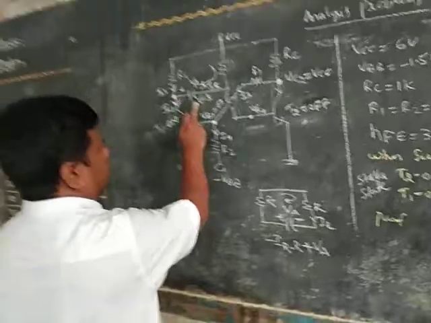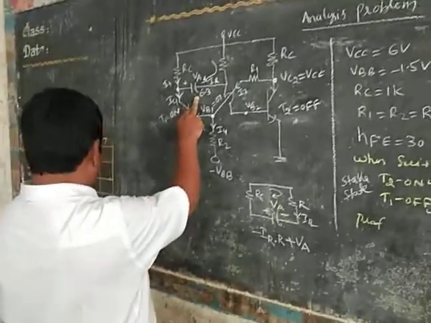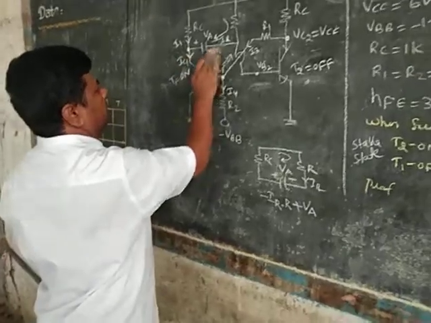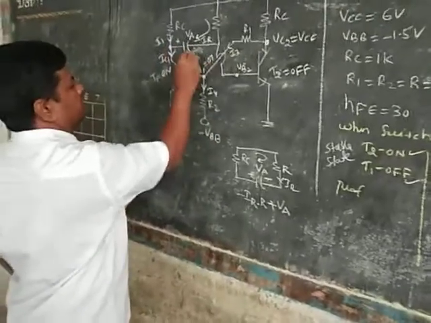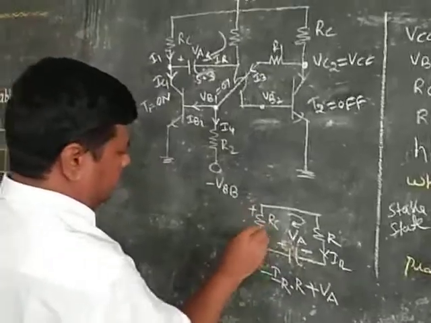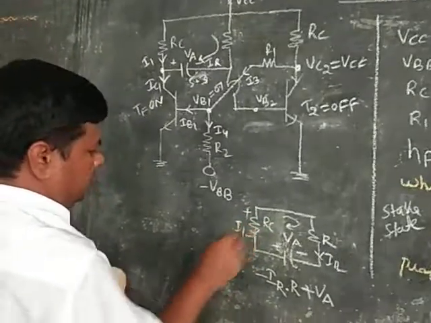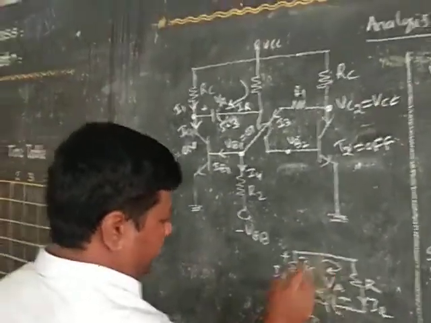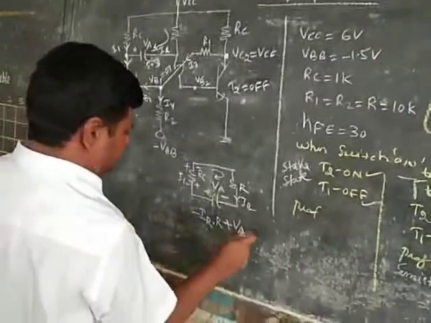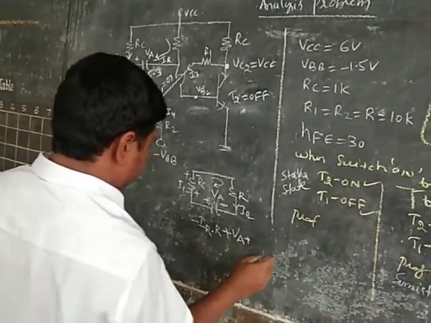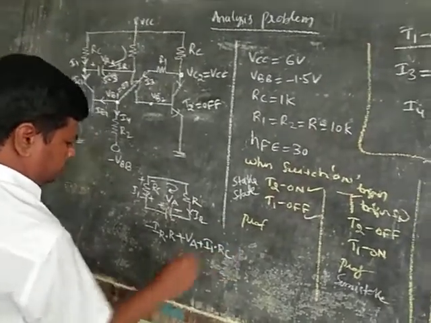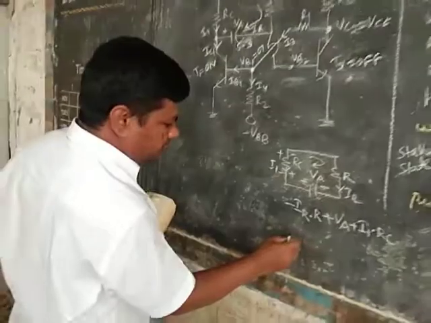VA is the voltage across capacitor previously, which is 6 minus 0.7, 5.3 volts. And I1 current flows in this direction, so plus I1 into RC.